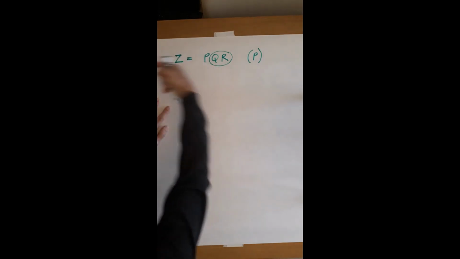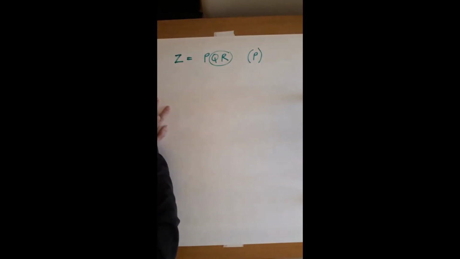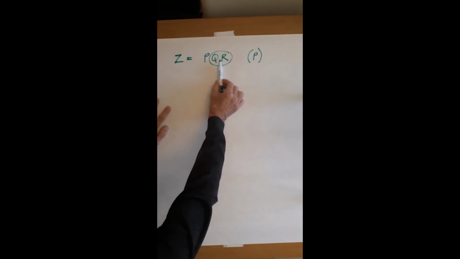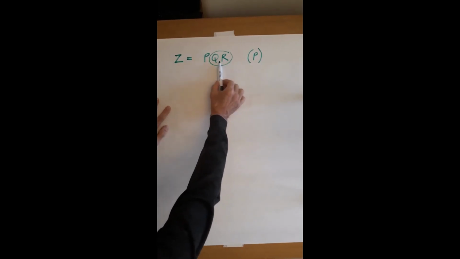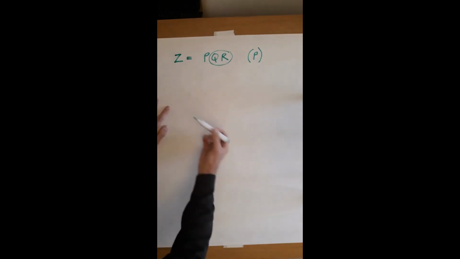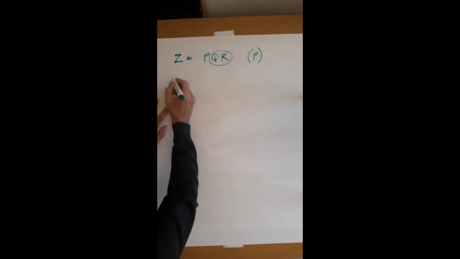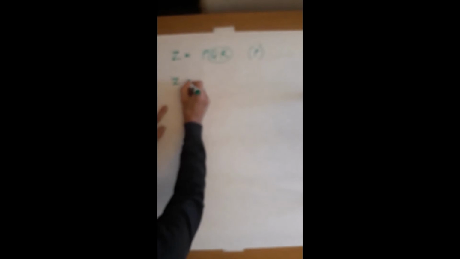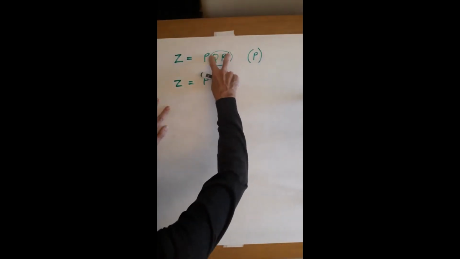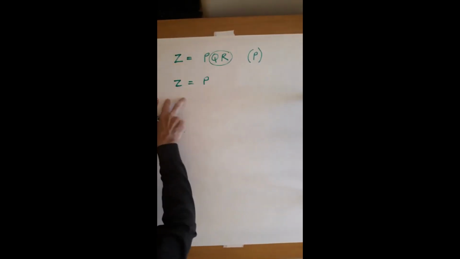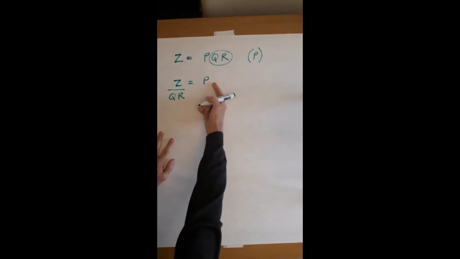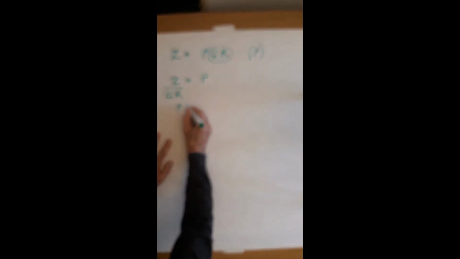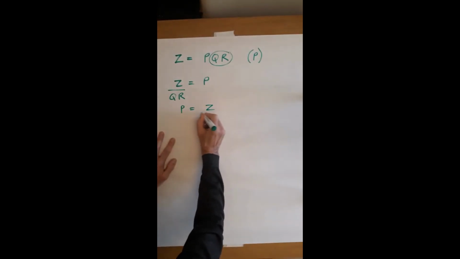So q and r will travel to this side. Ask yourself the question, how are they attached? Well, it's by multiplication. P times q times r. So if we divide on the other side, z divided by qr equals p, and this goes from times on this side to divide on this side.